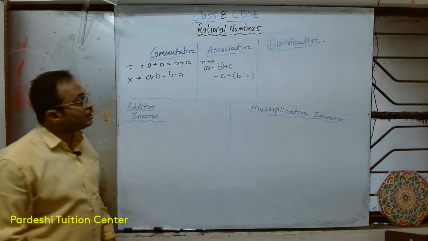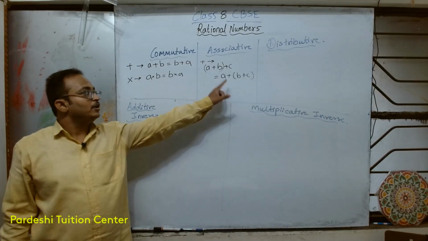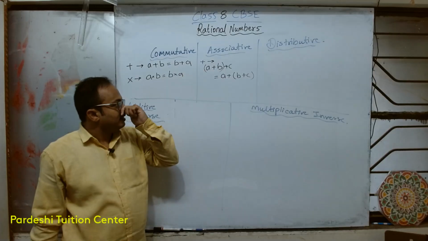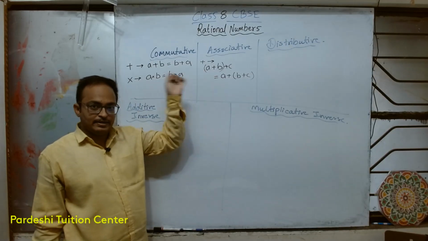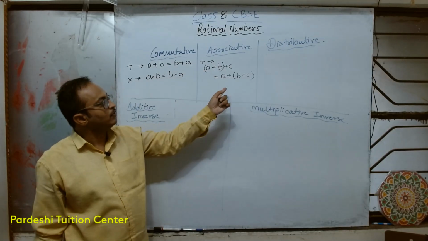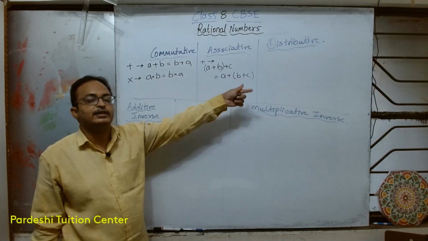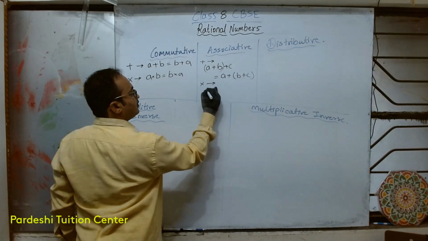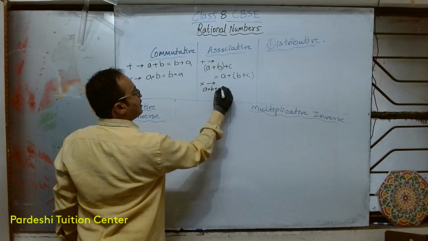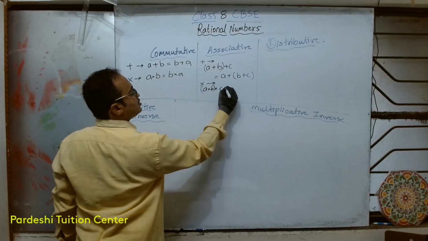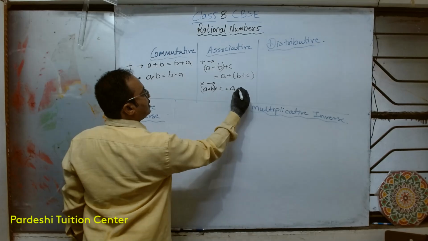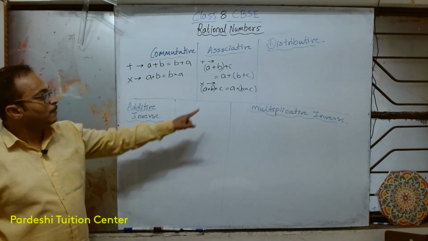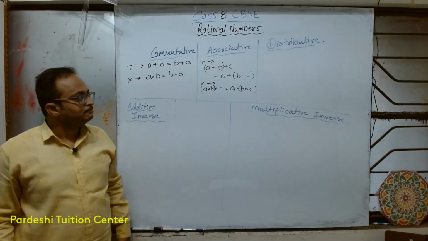If we have to add any three rational numbers, then adding the first two and then the third will be equal to adding the last two and then the first. Also for multiplication, (a multiplied by b) multiplied by c, if I solve a multiplied by b first, will be equal to a multiplied by (b multiplied by c) if I solve b multiplied by c first. This property is called the associative property.